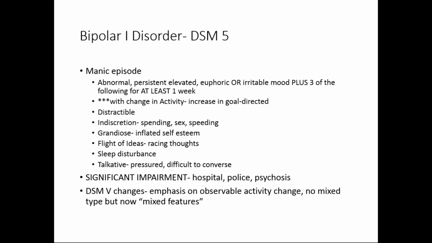And it has to be objectively observable to other people. It can't just be this internal sense of, yeah, I'm doing all these things, but you don't see it on the outside. People can't control mania. It is beyond their control. It's going to be observable to other people. They can't have it but cover it all the time. That's not how that's going to go.